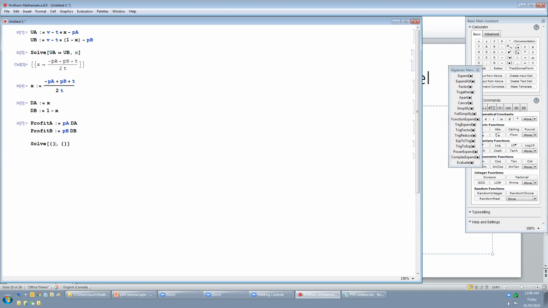The list of equations is the derivative of profit A with respect to PA equals 0, and also the derivative of profit B with respect to PB equals 0. Those are the two equations, and the two unknowns are PA and PB. After we solve, we have the answer PA equals t and PB equals t.